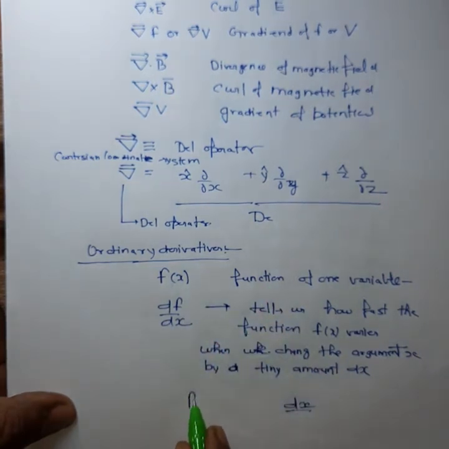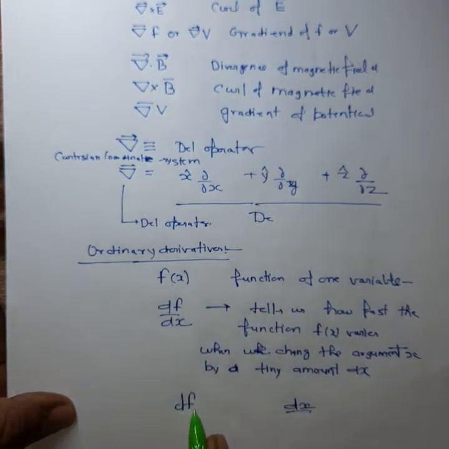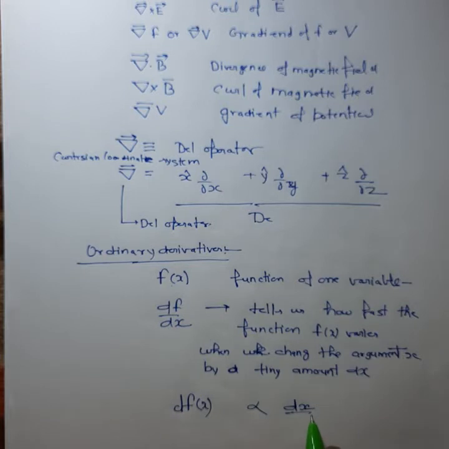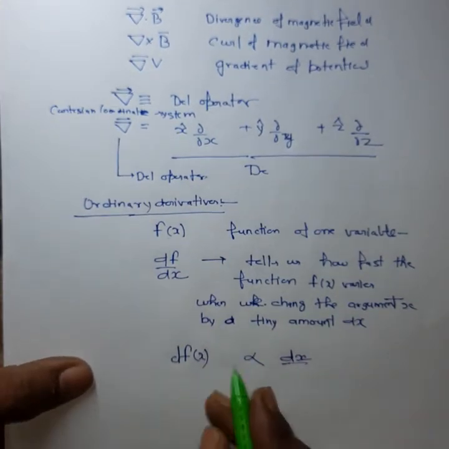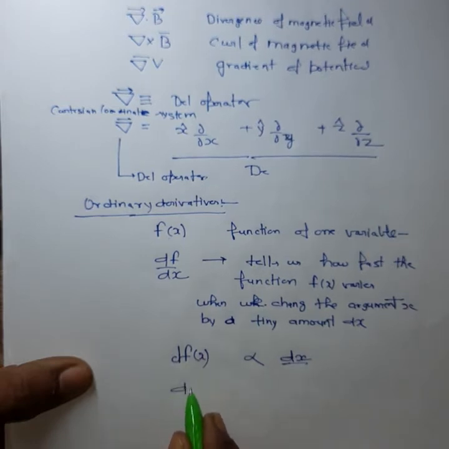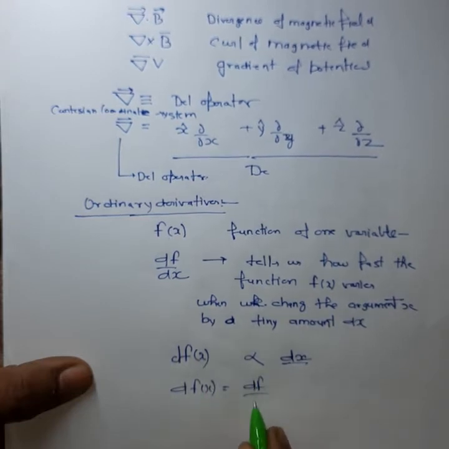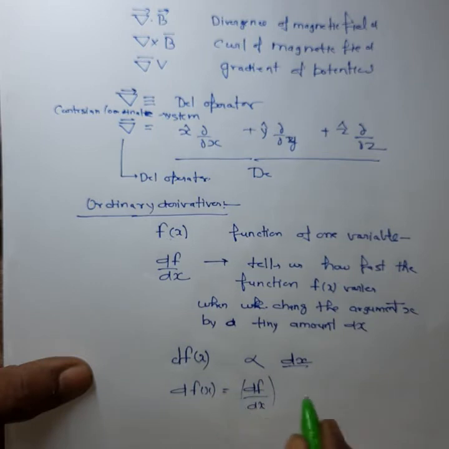So the change in f can be denoted as df. This change is proportional to dx. When you change the proportionality into equality, you get df is equal to df by dx multiplied by dx.